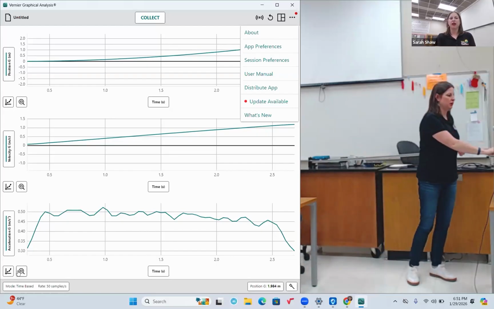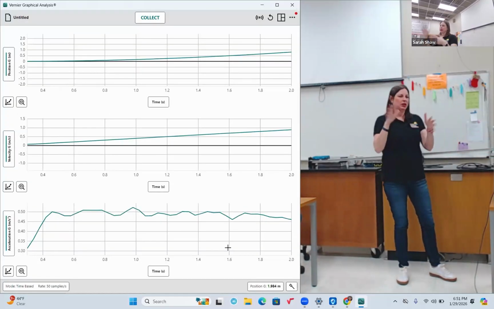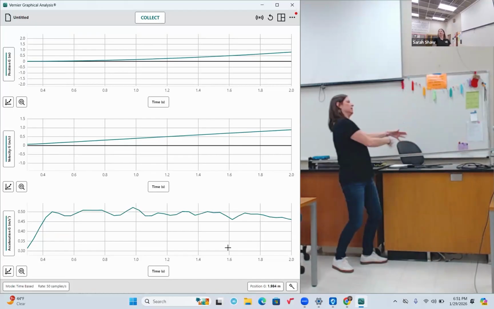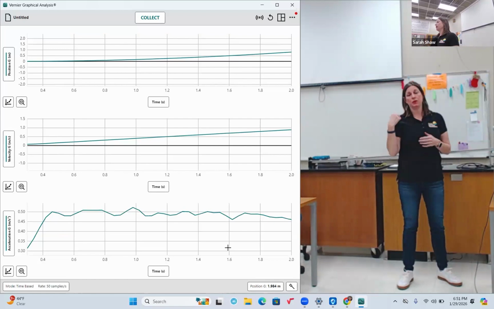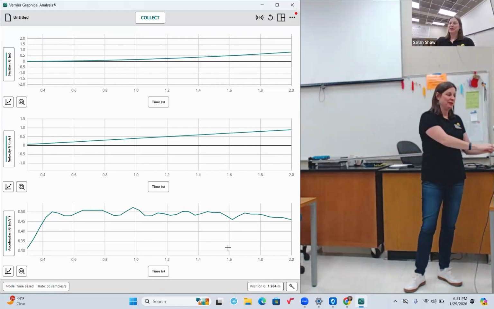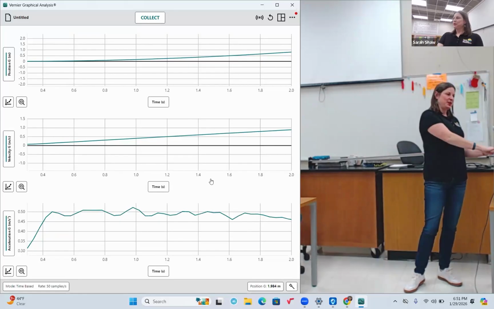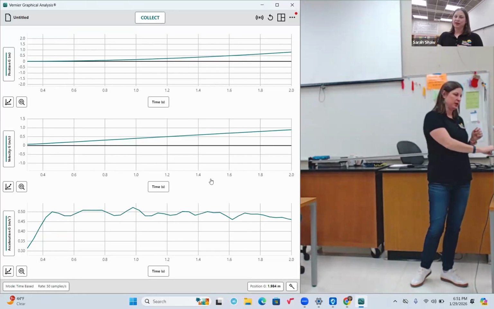And with the previous ones, they should also change this to a 2-second duration, just so they don't have as much noise. But they have to be really careful about where their hands are when they're using a motion detector and a cart as opposed to the smart cart. The smart cart gives beautiful data. I've been enjoying it, and I'm looking forward to my school purchasing some more of them in the next round of purchases.